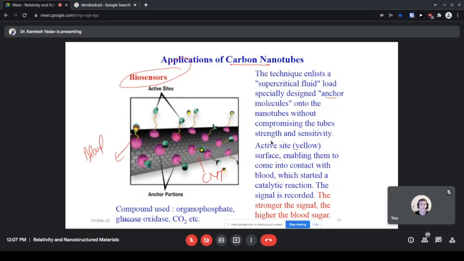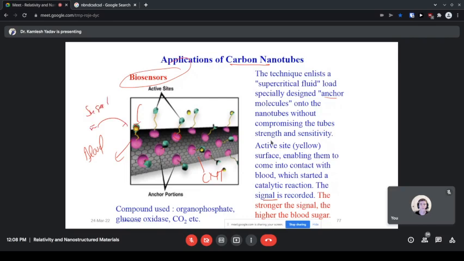At the surface of CNT we can combine some other molecules which can easily attach to the CNT, and there is a reactive group which can easily react with the blood, so this CNT can be used to detect the sugar level in the blood. Suppose this can easily attach to the sugar in the blood.